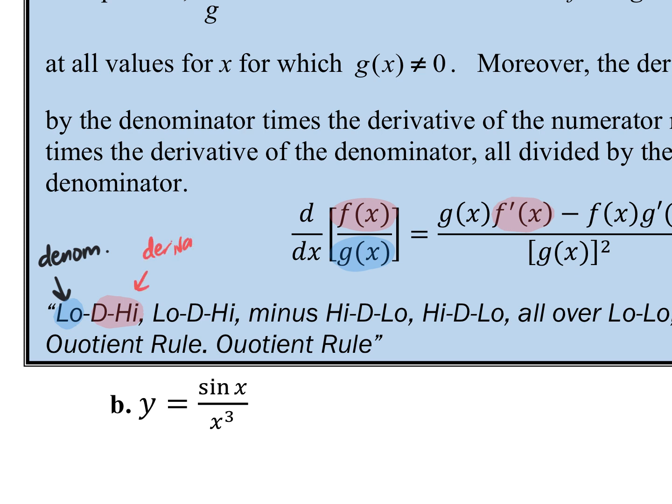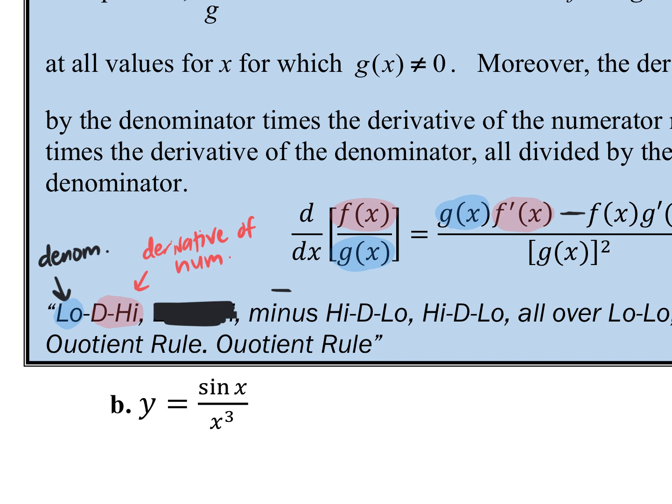Derivative of the numerator. Okay, and then I want us to cross this second low D high out because there's only one low D high. Then it says minus here. High D low.